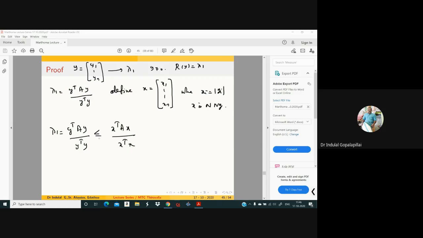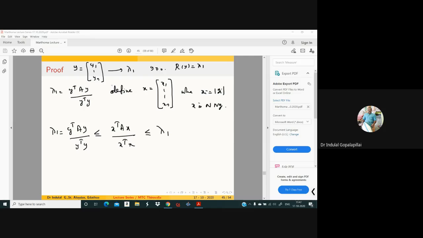And this is a Rayleigh quotient, x transpose Ax by x transpose x, so this is less than or equal to lambda 1, because lambda 1 is the maximum among the Rayleigh quotients.